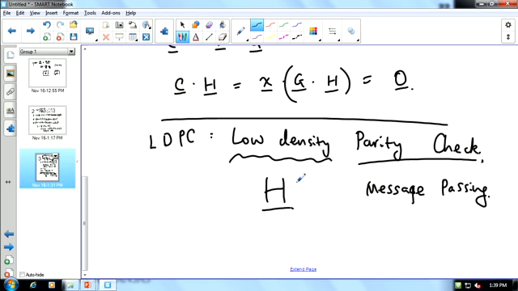And the convolutional code is introduced in the class of wireless communications, and also turbo code. And eventually people found out that the linear block code can, as long as we design it with a special structure, achieve very good performance.